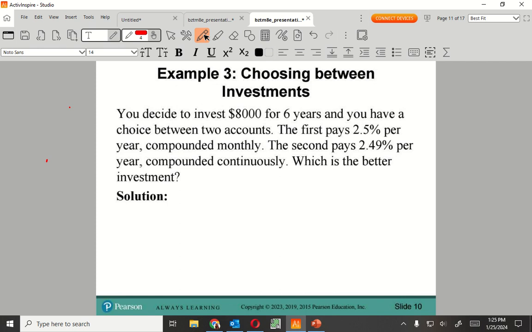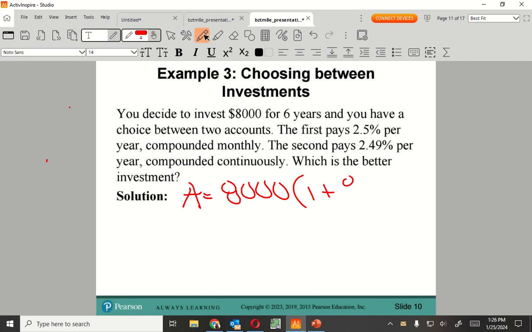So first, I'm going to have my A equals 8,000 times 1 plus my rate. For my first one, my rate is what? 2.5, but what am I going to write? 0.025.